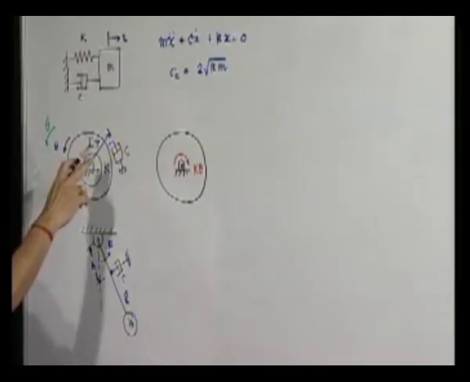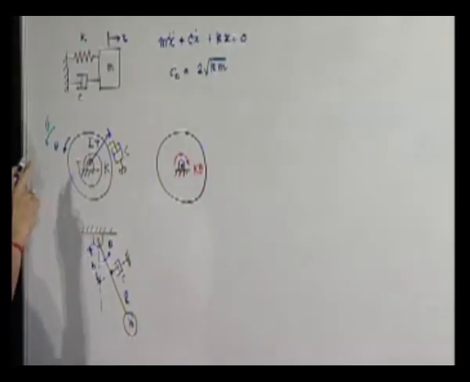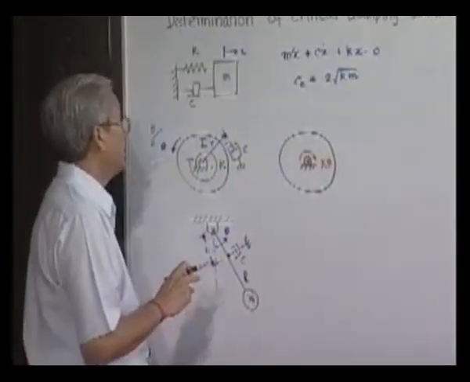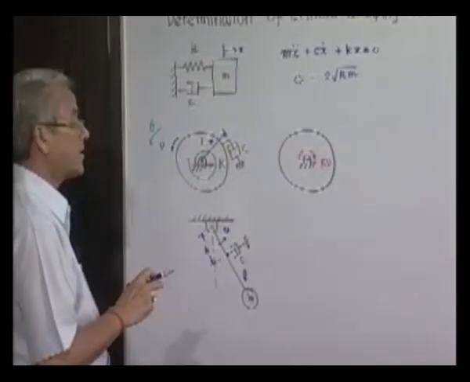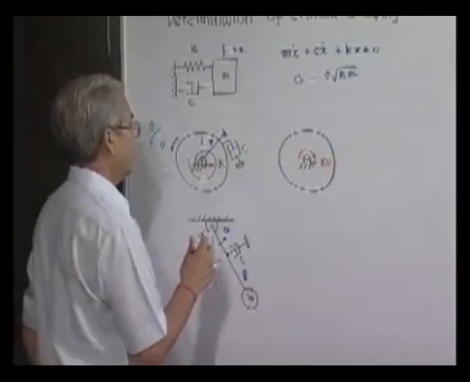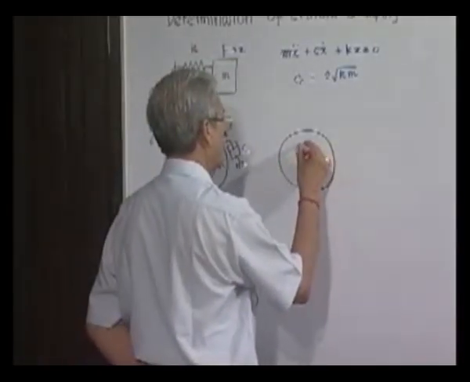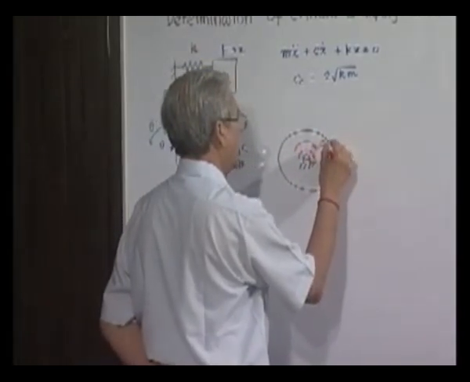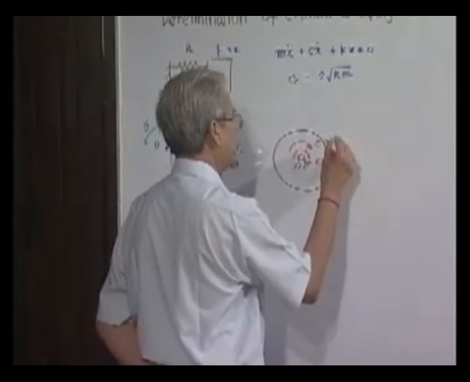So, the damping force will be C into r into theta dot, and its torque here again will be r square into theta dot into C. So, again there will be a resisting torque, it will be C r square theta dot.